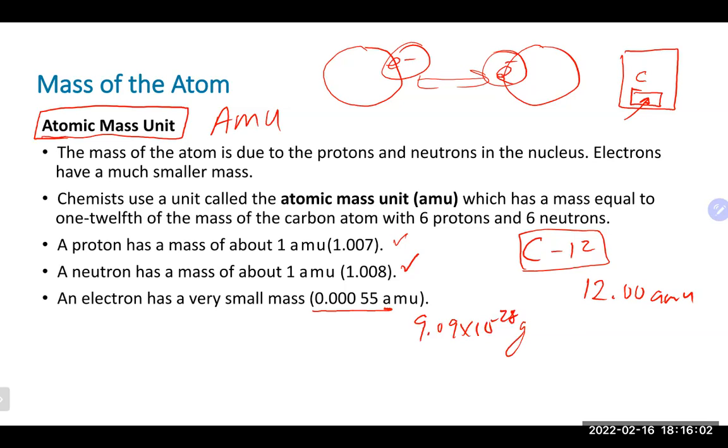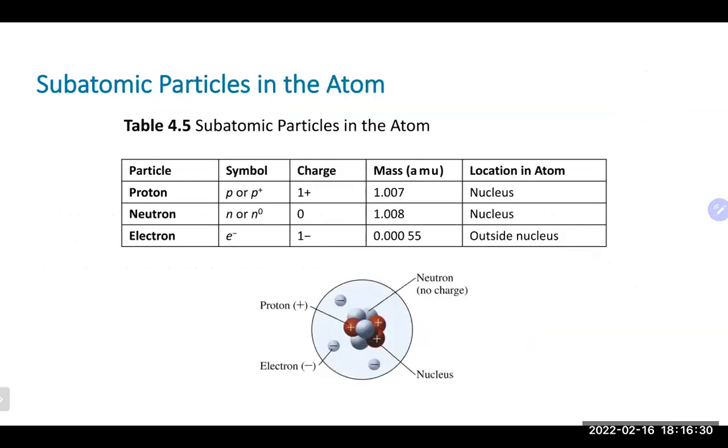Out of the three subatomic particles, the heaviest is the neutron, just barely edging out the proton, which is very close. Like I said, the electron is approximately 1,840 times less massive than the proton or neutron. So that electron really makes up less of the mass that we see here.